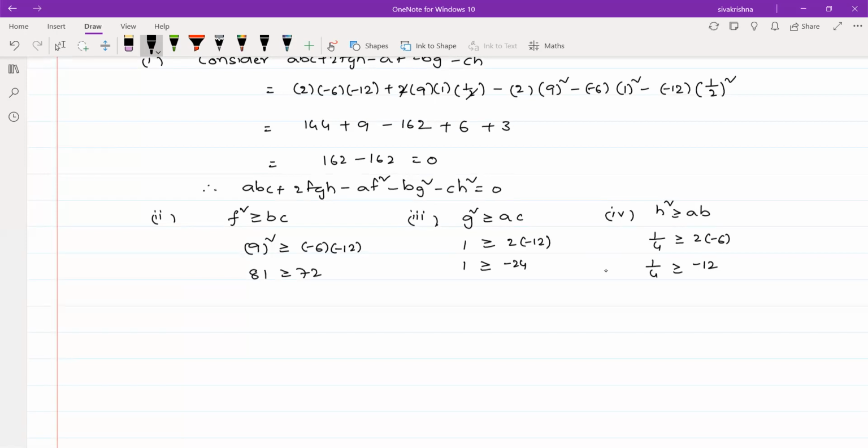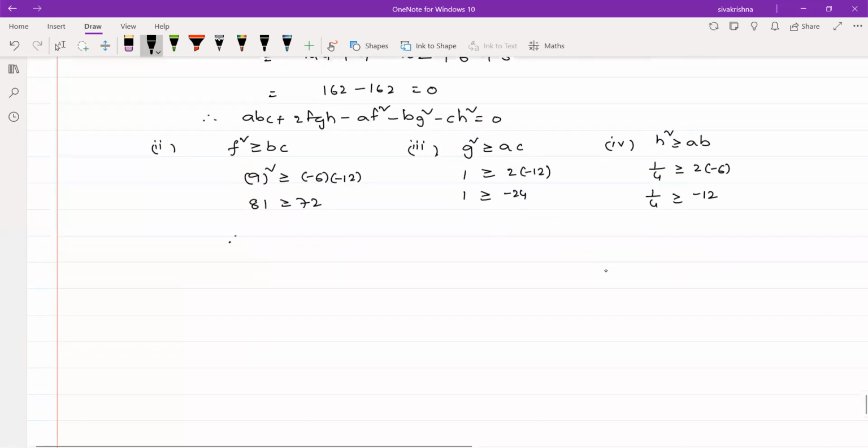So I am writing, therefore the four conditions are verified. The four conditions are verified.